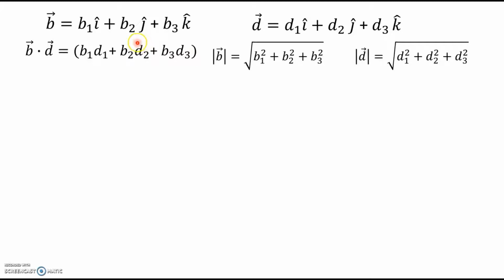And also our magnitude of b can be defined as square root of b1 squared plus b2 squared plus b3 squared, and the magnitude of d can be defined as square root of d1 squared plus d2 squared plus d3 squared.